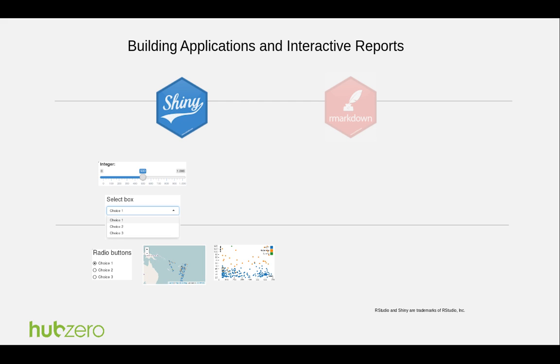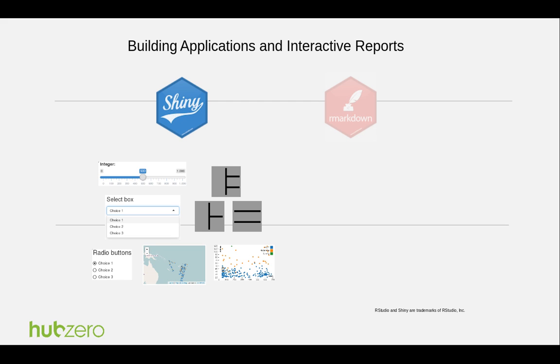It includes a number of interactive output widgets that are backed by JavaScript libraries like Leaflet for mapping, Plotly for plotting, and data tables. And Shiny allows users to fully describe their layout by using a grid system or one of their predefined templates.